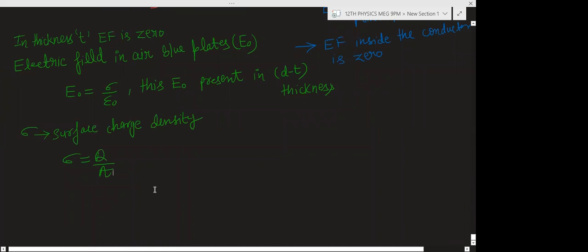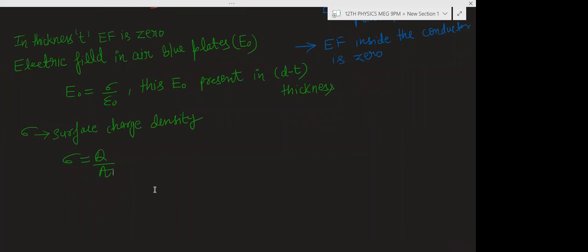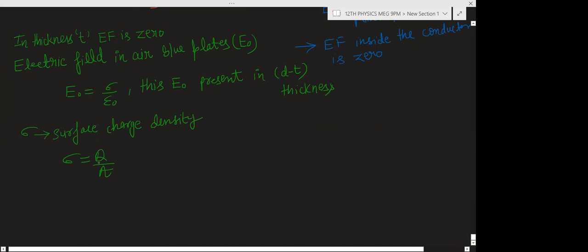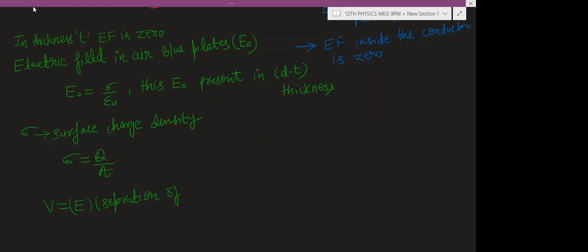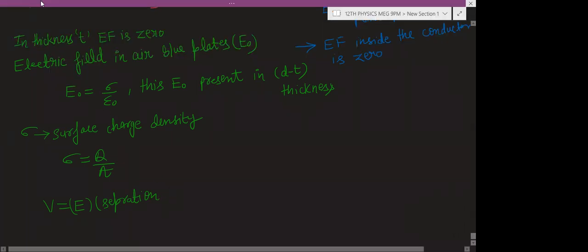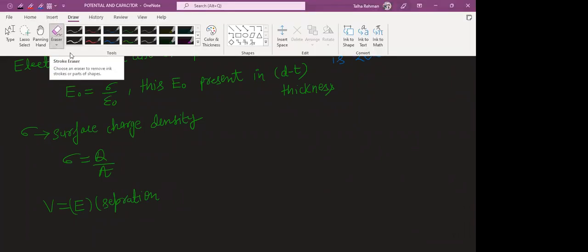Now, if I want to calculate the potential, the formula is electric field times the separation in which the electric field exists.